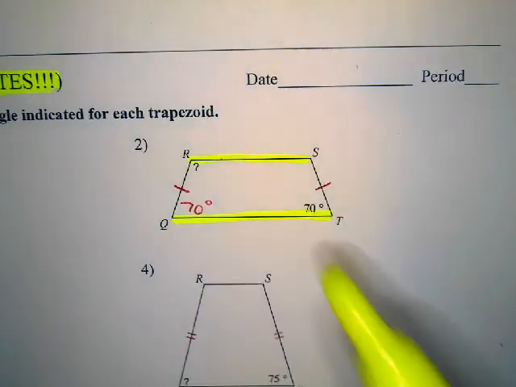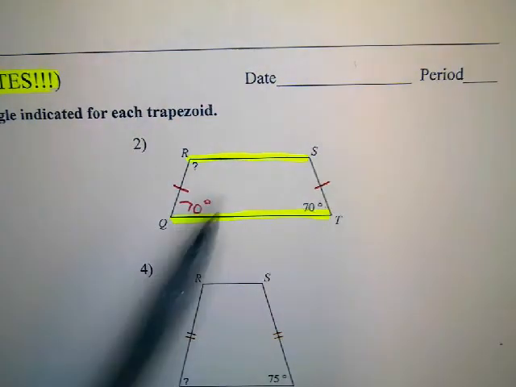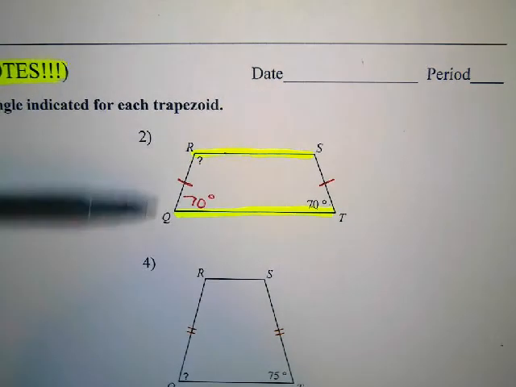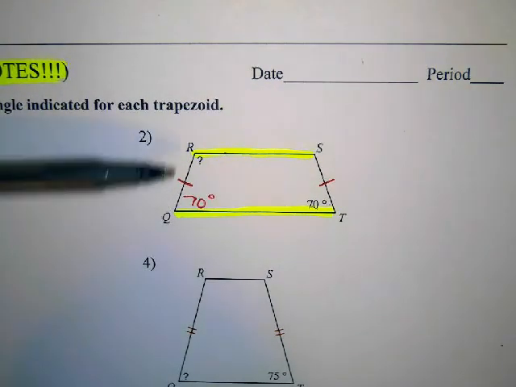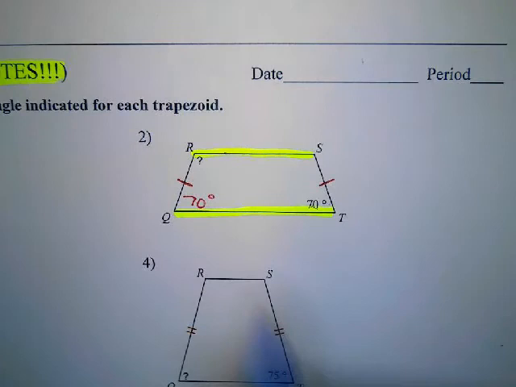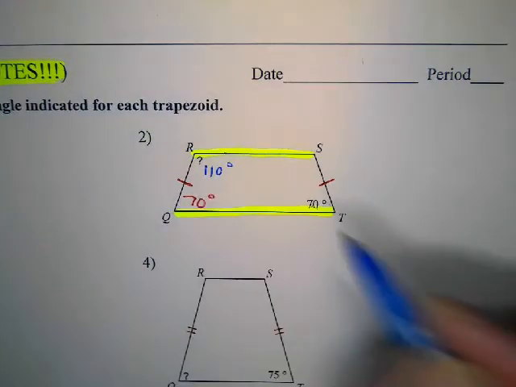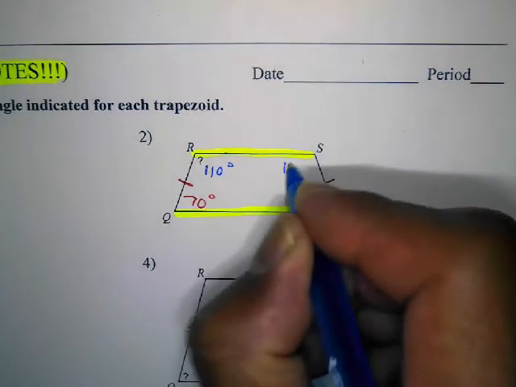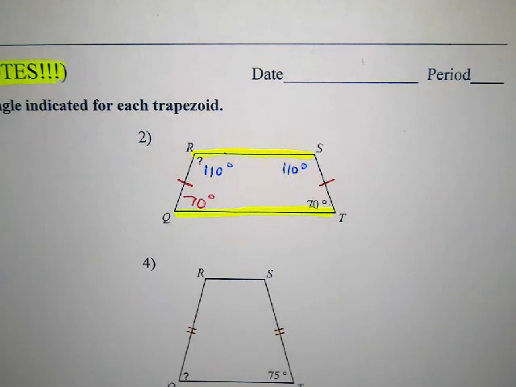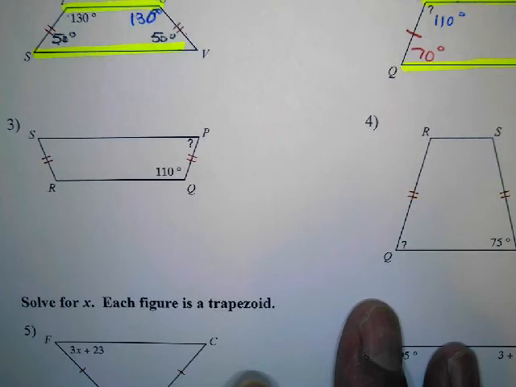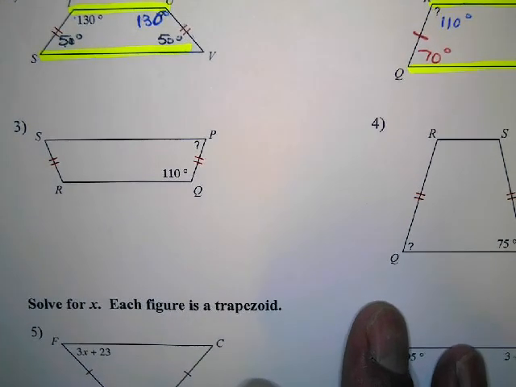How will you find the other one like that? Well, remember, it has one pair of parallel lines. These add up to 180. So this has to be what? 110. This is also going to be 110. Yeah? Okay.